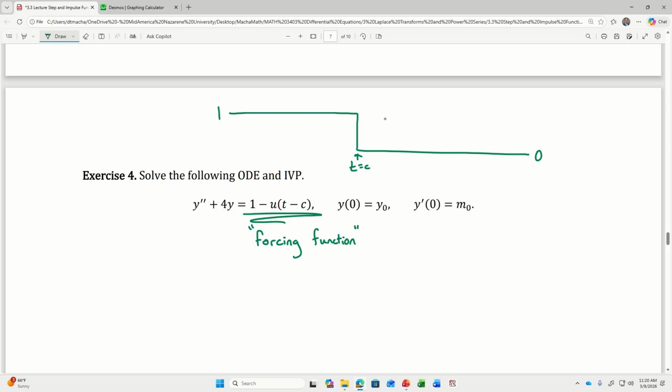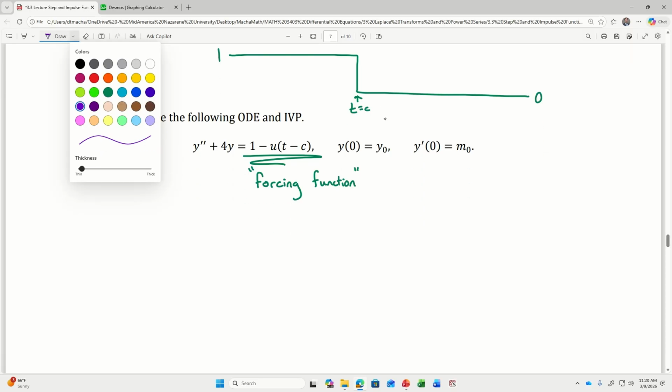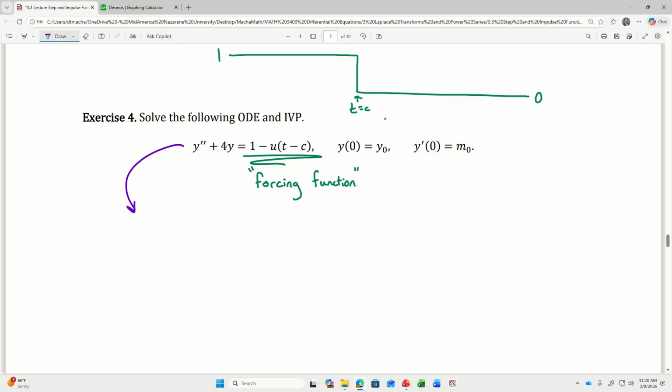So let's see what it does in Laplace transforms. We're going to take the Laplace transform of everything. And the Laplace transform of the unit step function is, I don't know, we just found it a moment ago.